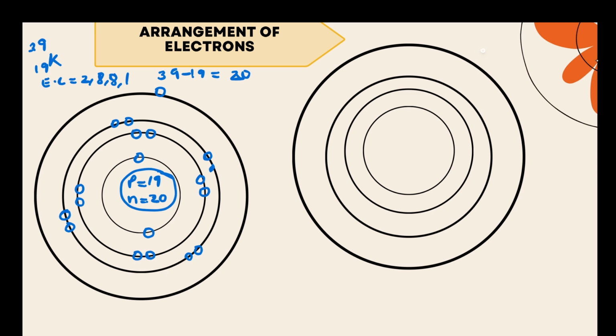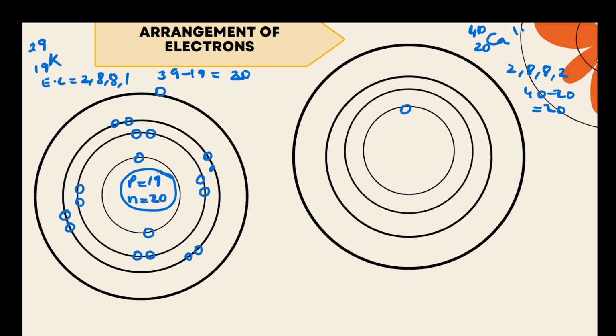Lastly, we have calcium. The atomic number is 20 and the mass number is 40. Let's write the electronic configuration. It will be 2, 8, 8, 2, and the number of neutrons will be 40 minus 20, so 20 neutrons. Let's quickly write the configuration.